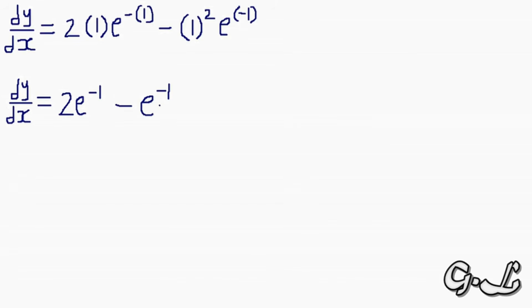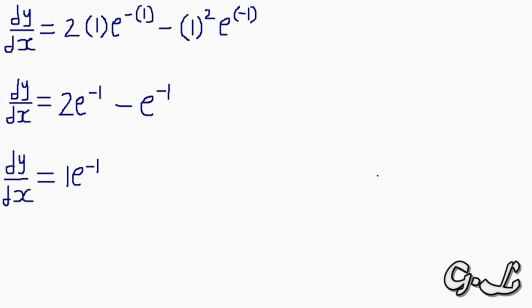So we simply say 2 minus 1, which gives you 1. So dy dx is equal to 1, and we maintain e to the negative 1. Overall, dy dx is equal to 1e to the negative 1.